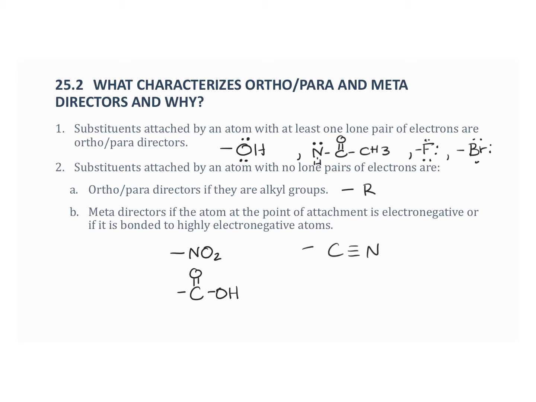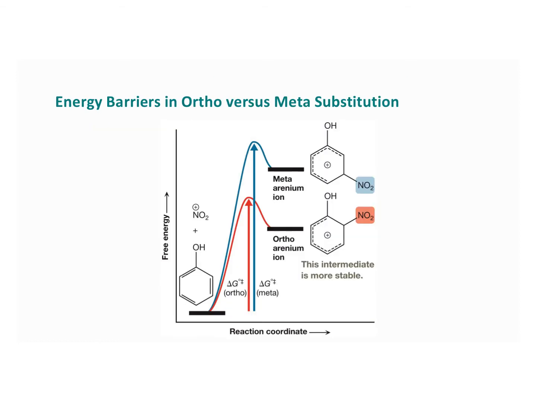And so what we see here is that these are bonded to these really highly electronegative oxygen and nitrogen atoms, okay? And so let's talk about why these characteristics dictate the different types of ortho-para or meta-directing behavior that we see.